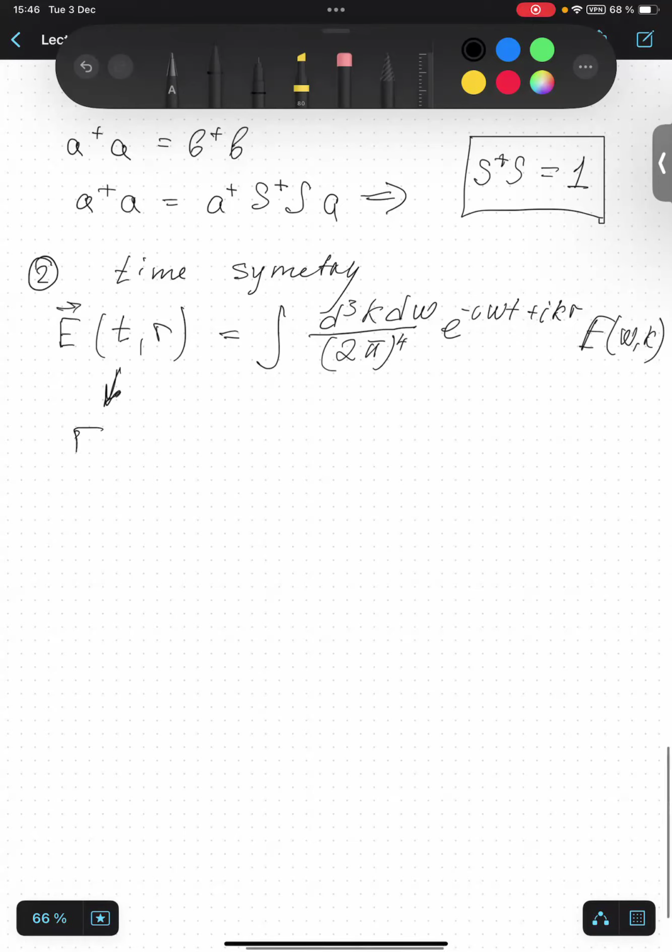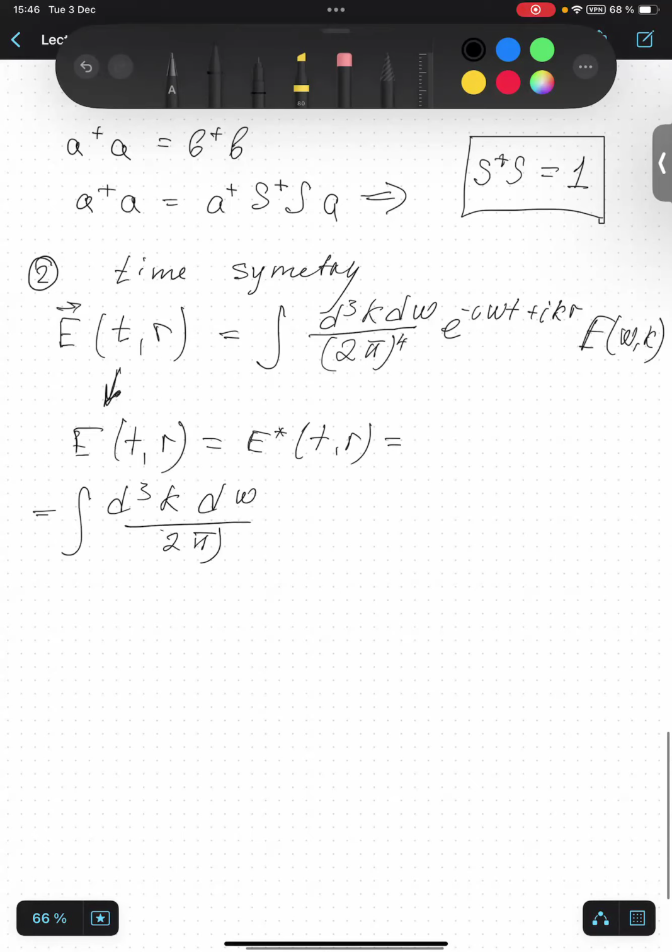So let's just complex conjugate it. Now we have e^{i omega t minus i k r} E*(omega, k).